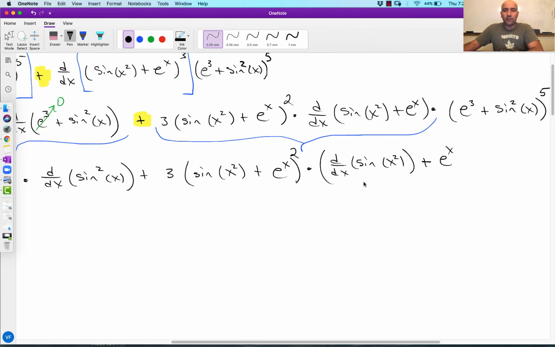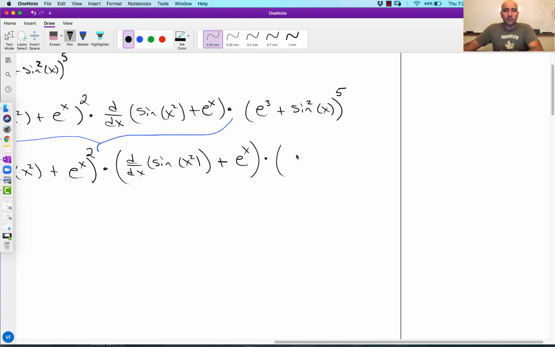So I just have to figure out what that is, times e to the third power plus sine squared x, whole thing raised to the fifth power.